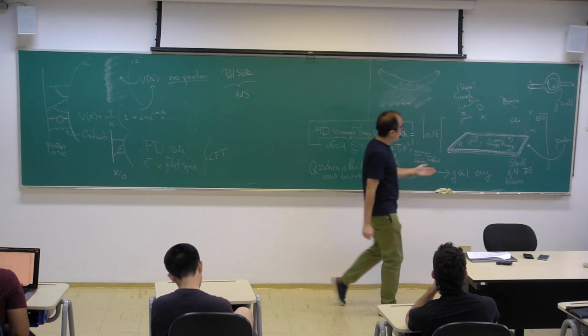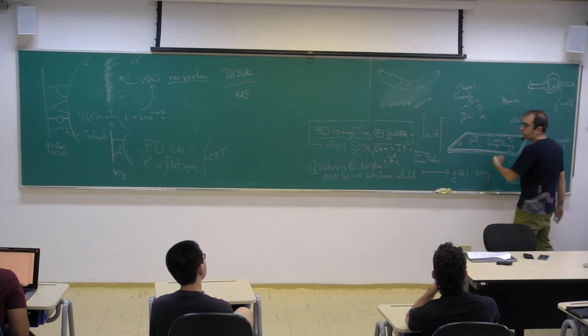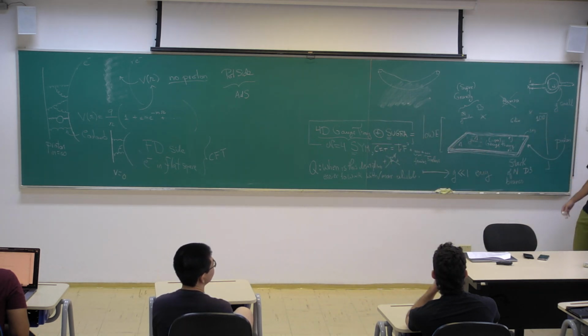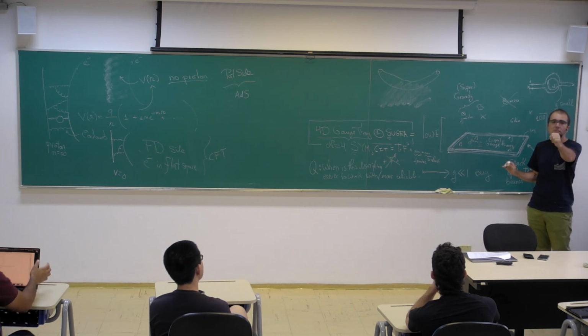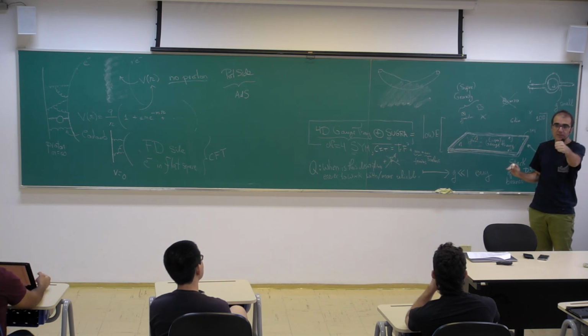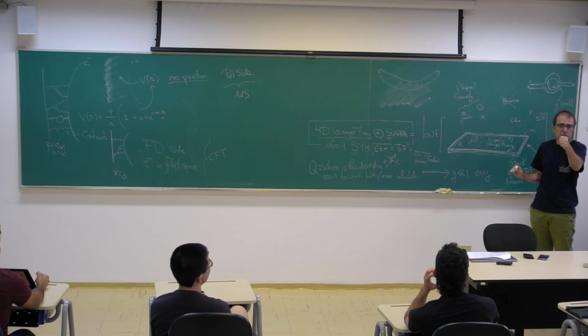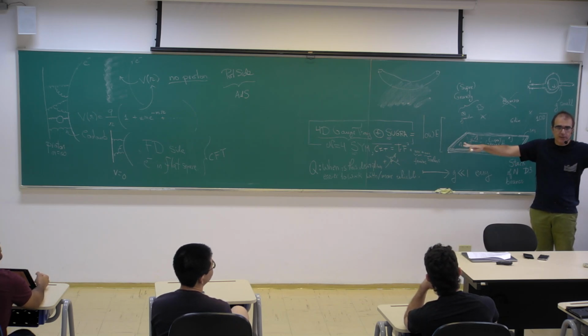Okay, what background does the stack of D3 branes generate? So we go and try to solve the Einstein equation in the presence of a plane, in the same way that we solve Einstein equations in the presence of a mass and we get Schwarzschild. That's the background that a mass generates. Now we ask, I don't want a point particle, I want a plane.